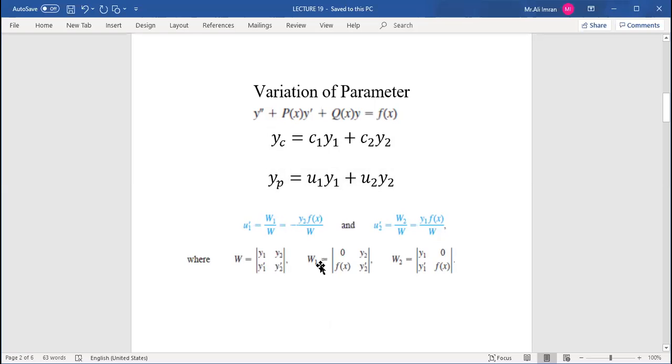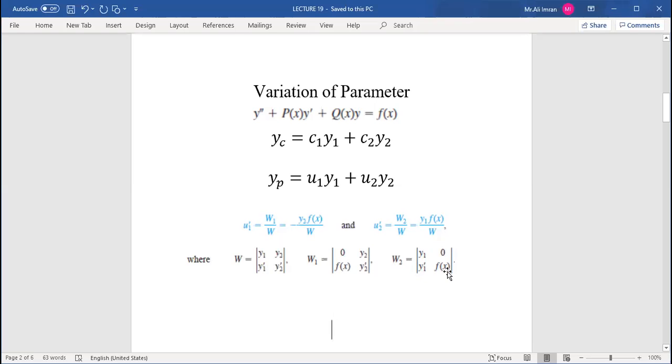And W1 we get when we replace the first column with 0 and fx, and the second column is the same, y2 prime. And for W2, the first column is the same, y1 prime, and the second column is replaced with the entries 0 and fx.